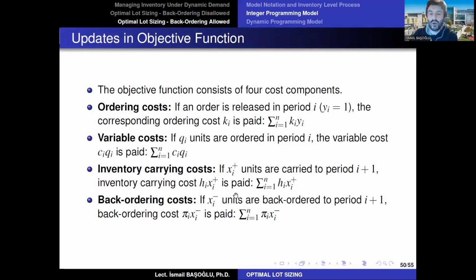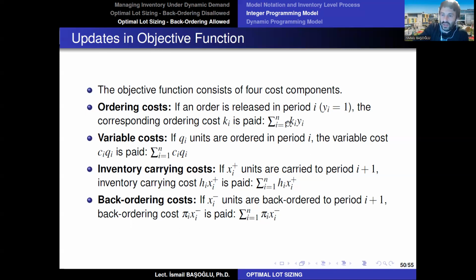If you backorder a single unit from the ith period to the i plus first period, then you need to pay a unit backordering cost or the penalty cost as pi. Now, when you multiply this unit penalty cost with the total amount of backordered units at the end of the ith period, you will be calculating the backordering cost associated with that period. And when you sum these up across the periods, you will be calculating the total backordering cost.